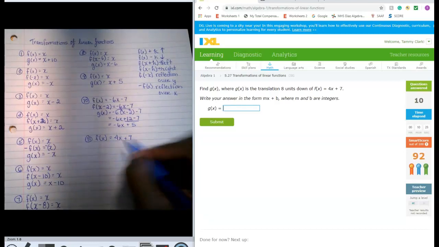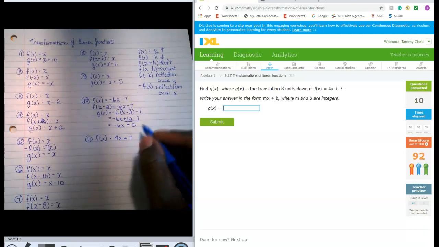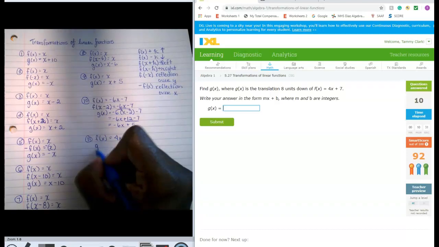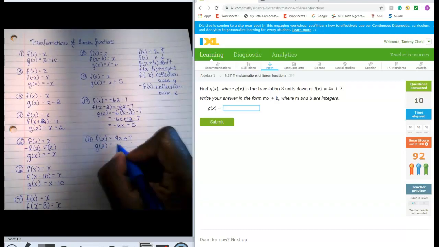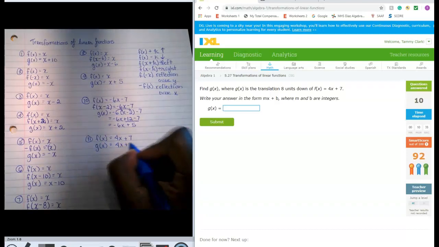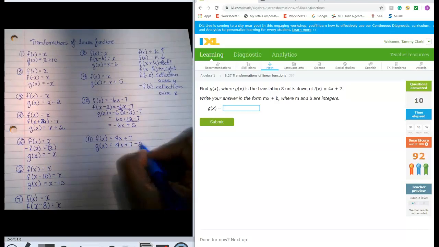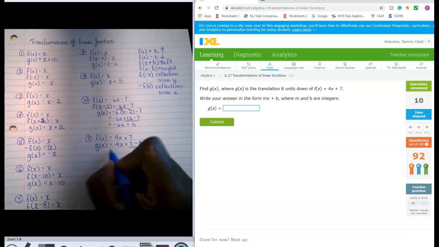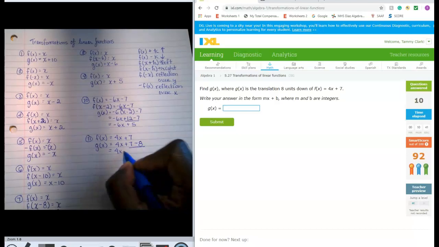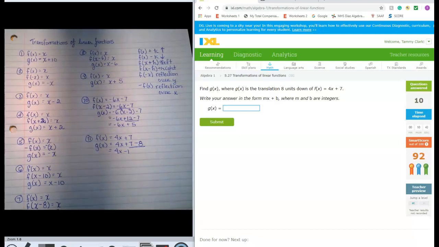What we need to do is, if we're moving this 8 units down, then our g of x function is going to be 4x plus 7 minus 8 and combine like terms. So 4x minus 1. And that makes sense because if I move 8 units down from 7, I end up at negative 1. So we've got 4x minus 1.